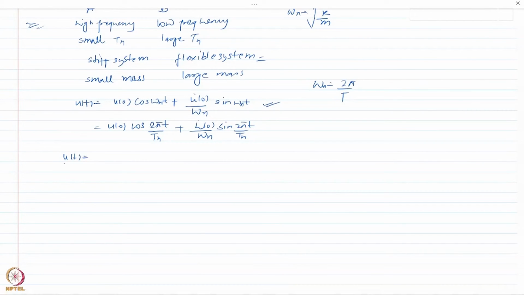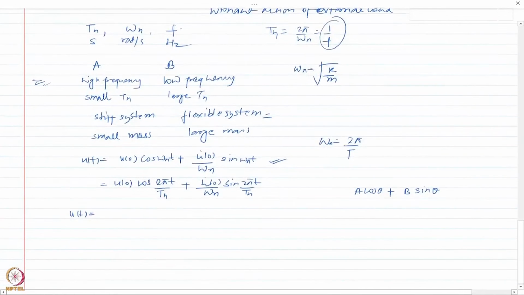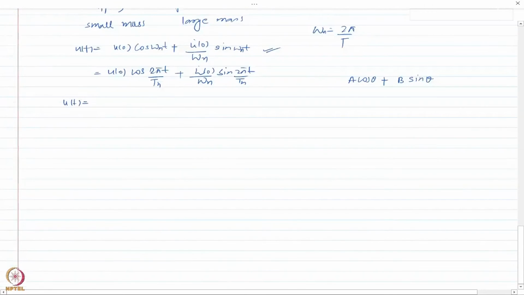If you consider any function of the type a cos theta plus b sine theta, and if you remember your trigonometric identities, what I can do here is multiply and divide by the square root of a square plus b square.